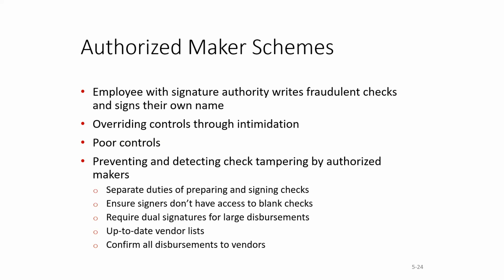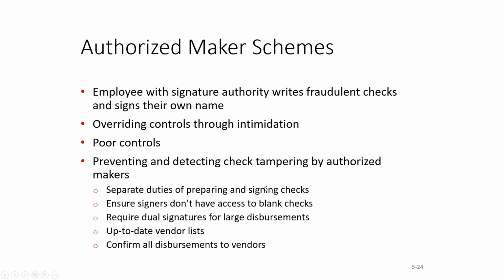So overriding controls are an issue that we have here, or if there are just no controls in place in general. So if no one is paying attention to what accounts we have things coded to, or we have very few controls in place to prevent the fraud, we can see these sorts of things. How do we prevent this?